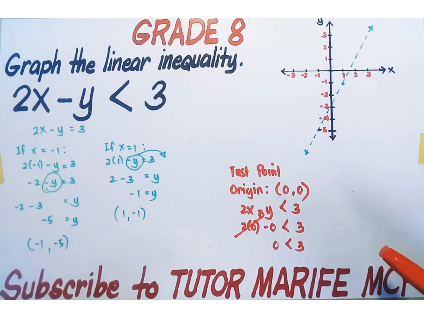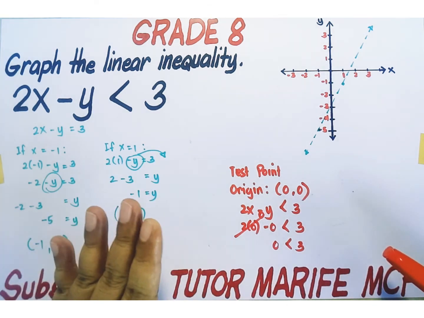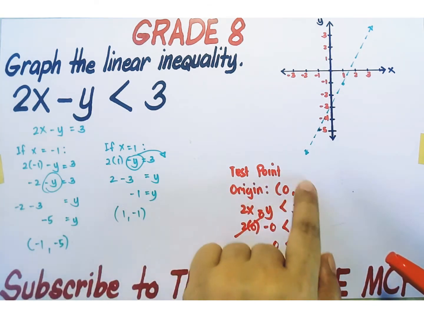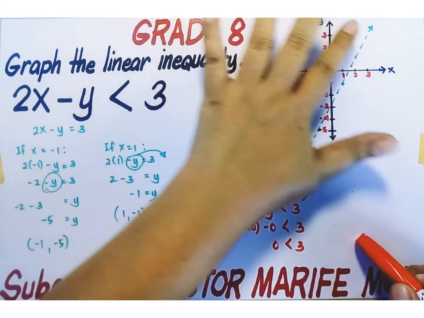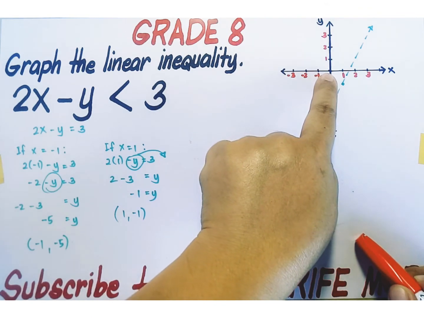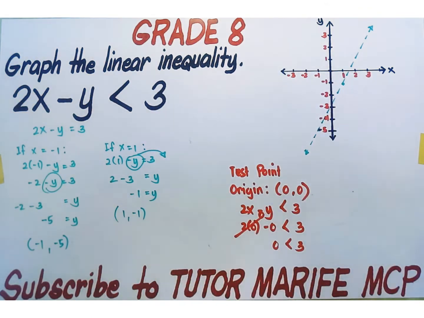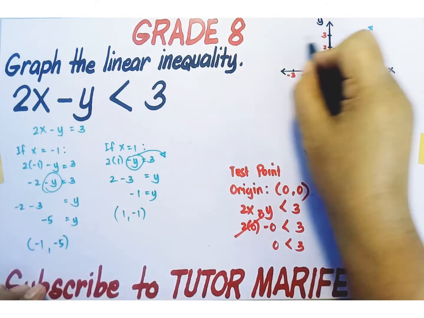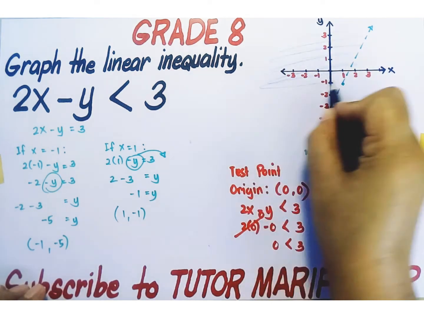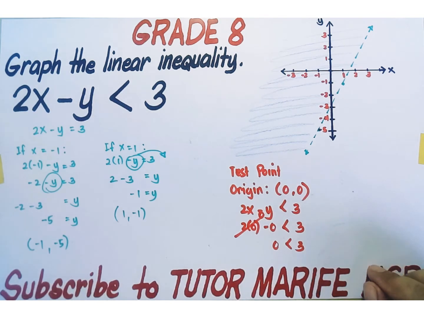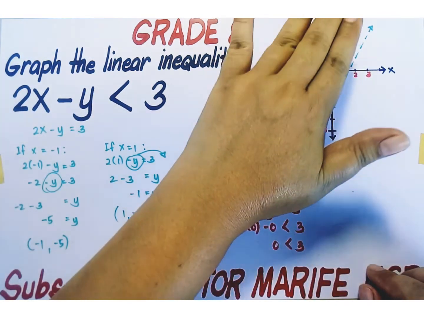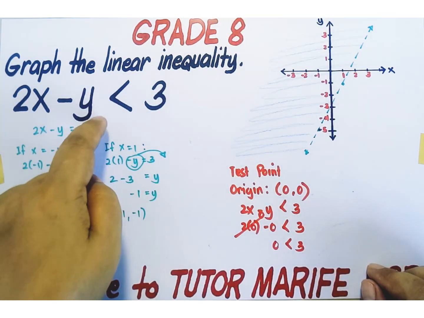Therefore, we should shade the half plane that contains our test point. This is the half plane that contains the test point origin. Let's shade it. This is the answer to our given problem.